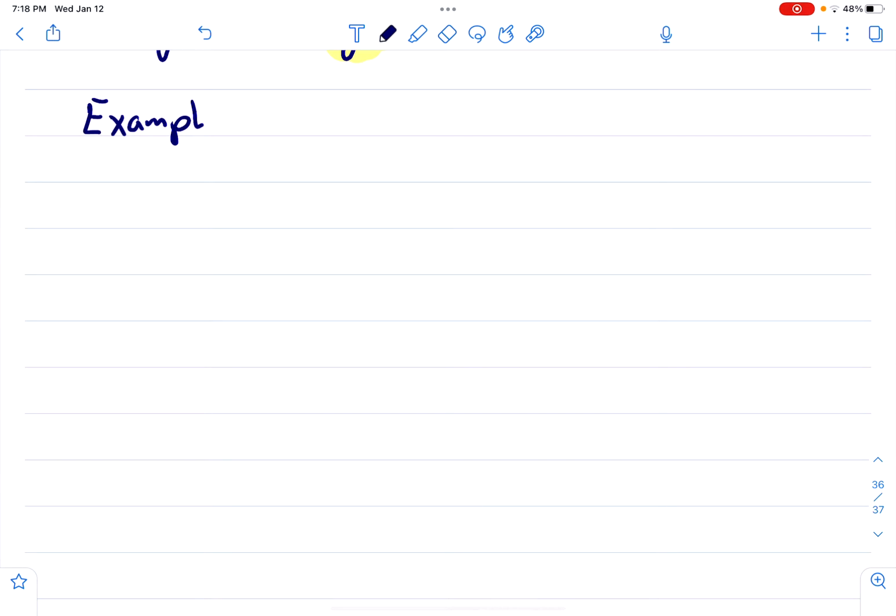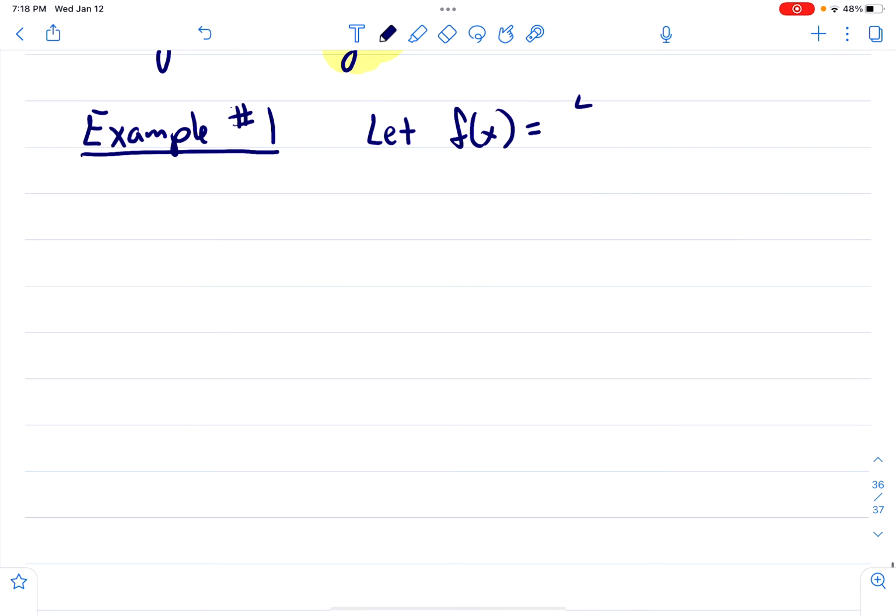So here we go. We're going to do example number one, okay? Let f of x equal, what do we want f of x to equal? How about 4 over x minus 3? That's not too bad. And g of x to equal the square root of x.